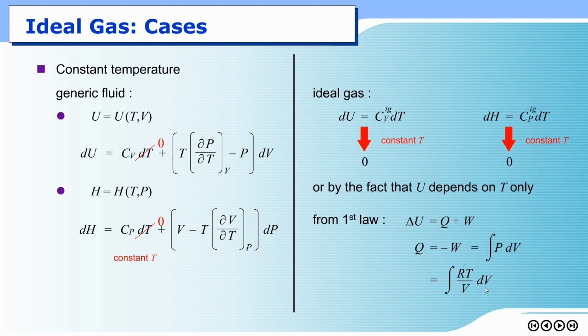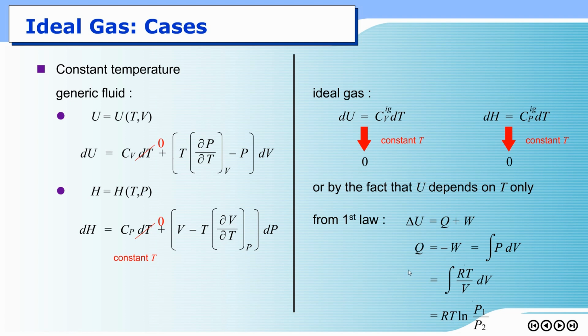Now you can do the integration to end up with RT logarithm of the volume ratio. Once again, the volume ratio can be rewritten as a pressure ratio using the ideal gas law, P1 V1 equal to P2 V2.